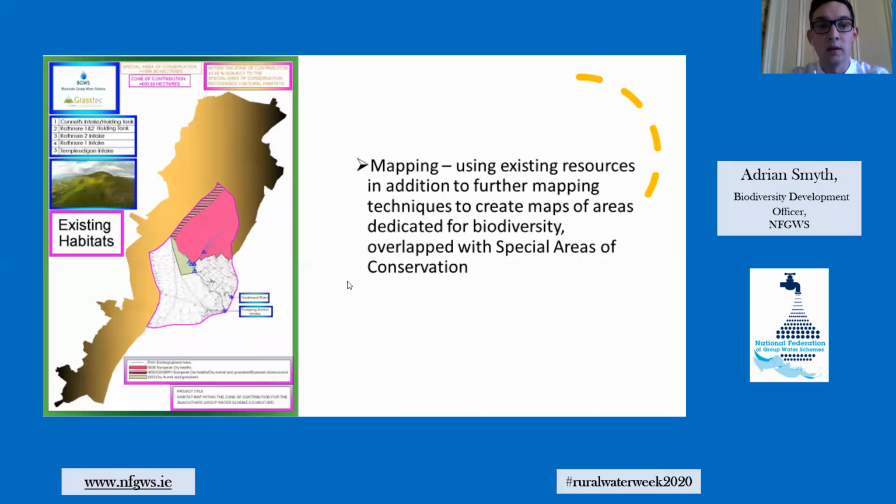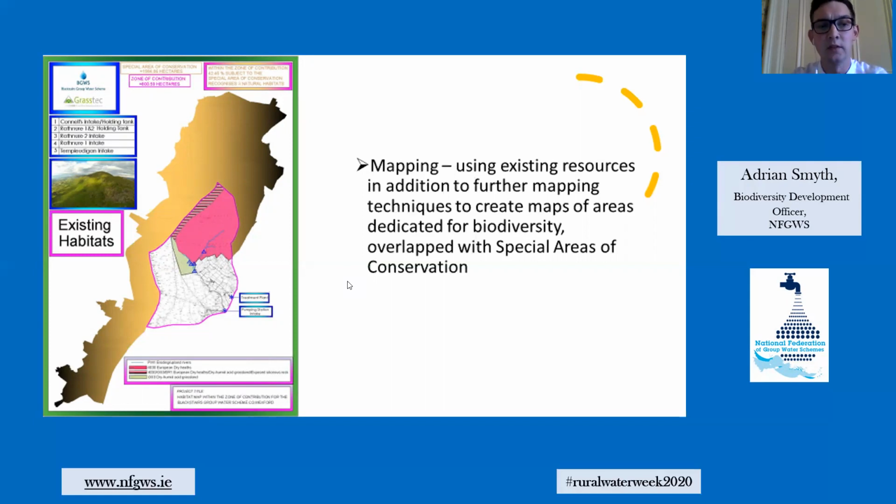The area in purple is your zone of contribution report, overlaying, as I say, on your special area of conservation. This mapping system is very interesting as it allows you to identify the percentage of your catchment which is under agricultural land, roadway, domestic houses, and farmyards, and identify the risk to your source from the activities that are in your catchment.